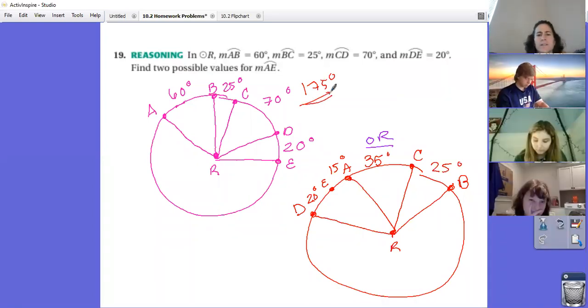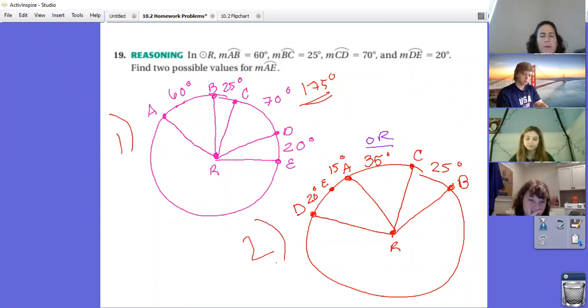Okay, but then another way. So this would be 175 for one possible measure. Miss Richard, I kind of overlapped some of the arcs. Here's scenario 1, here's scenario 2. In scenario 2, I kind of overlapped some of the arcs. I did AB is 60, A to B, that adds to 60.